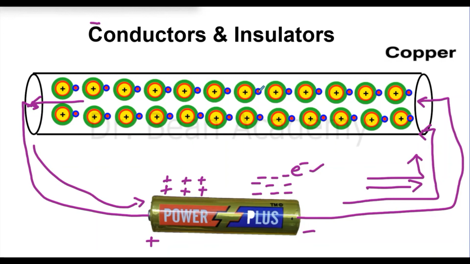You need a very strong push or very strong electric field to force them to leave their nuclei and go to the other end of the battery. That is called very high resistance, and this is the property of insulators.